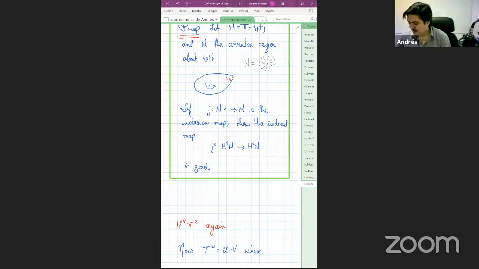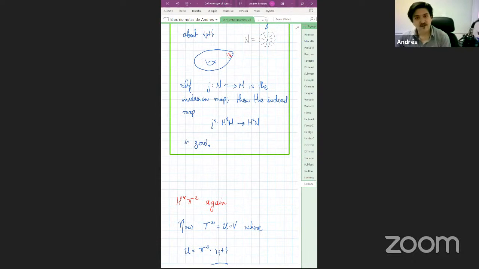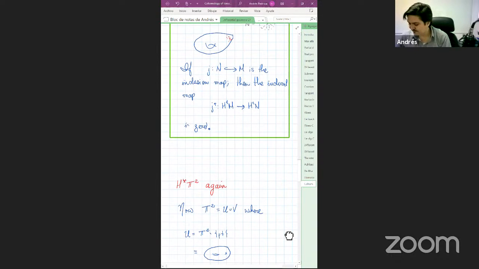Now, U and V will be different. U is the punctured torus, and this is what I'm really interested in computing the cohomology of. So I know the cohomology of the torus, and I want to compute the cohomology of the punctured torus. I'm going to take V, just a disk, about the point that is removed.